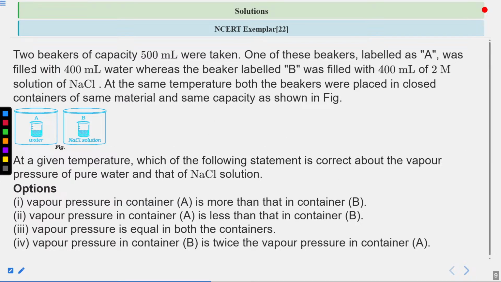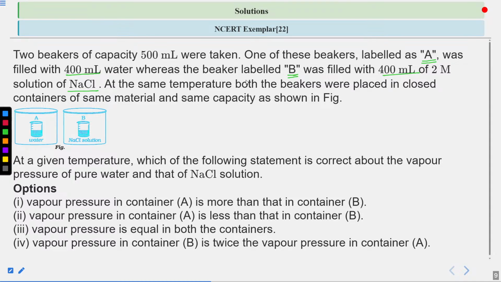Here, the question asks that two beakers of the capacity 500 ml were taken. One of these beakers, labeled as A, was filled with 400 milliliter of water, whereas the beaker labeled B was filled with 400 milliliter of 2 molar solution of sodium chloride.